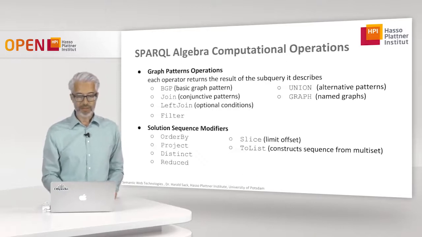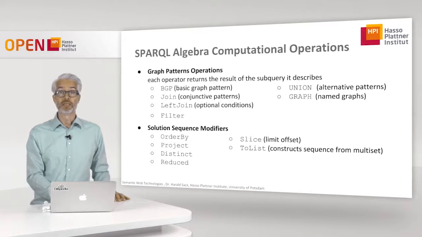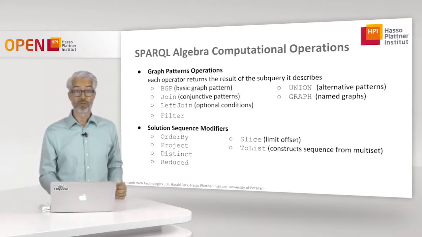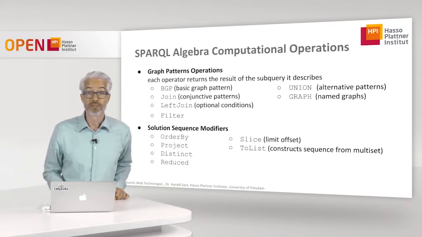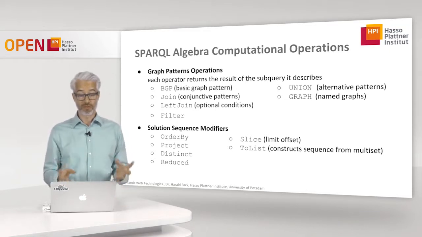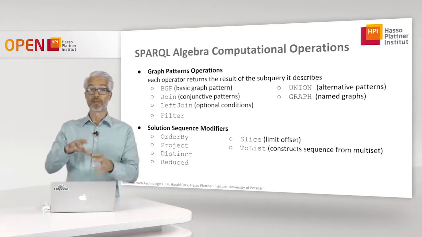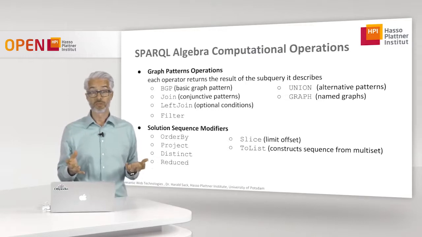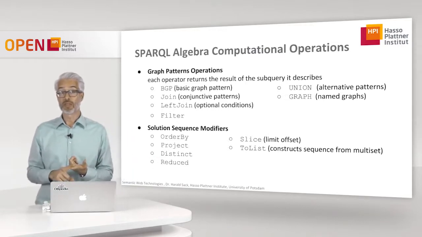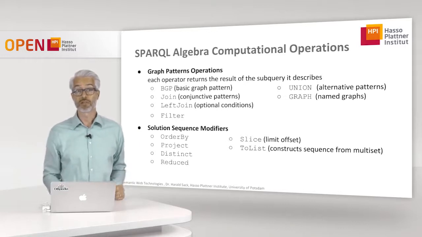Okay, so let's continue. Usually what we do then is we try to transform what we find there. Each operation returns a result of the subquery it describes. First you have the so-called graph pattern operators, which define the graph patterns within the where clause. We have the basic graph patterns, which are nothing else but simple triple patterns combined with each other conjunctively.